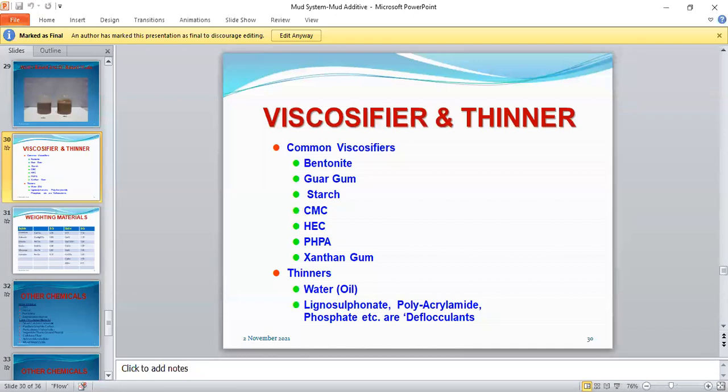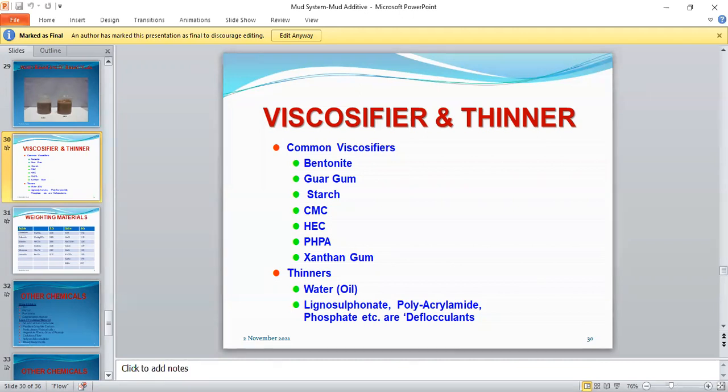Starch is also a viscosifier used in drilling fluid. Starch as in starch, but this time around, it is well refined such that the starchy properties are more than the one we eat. CMC can be used in salt water.